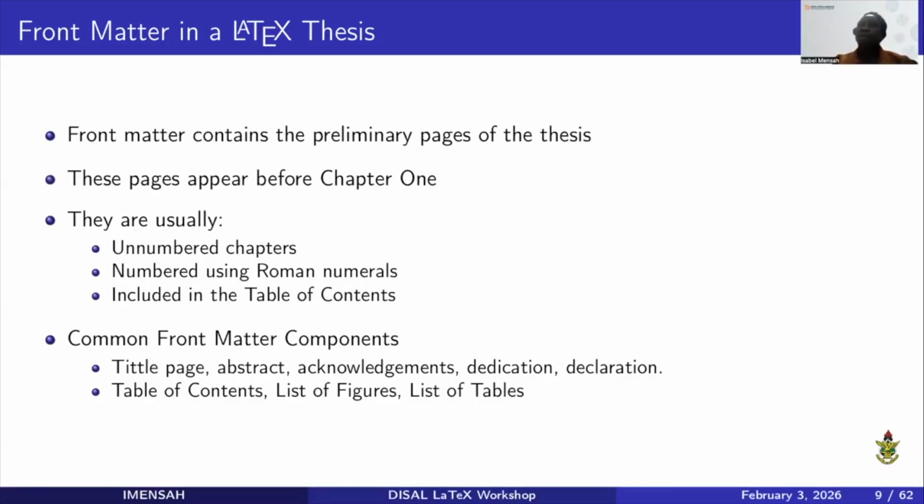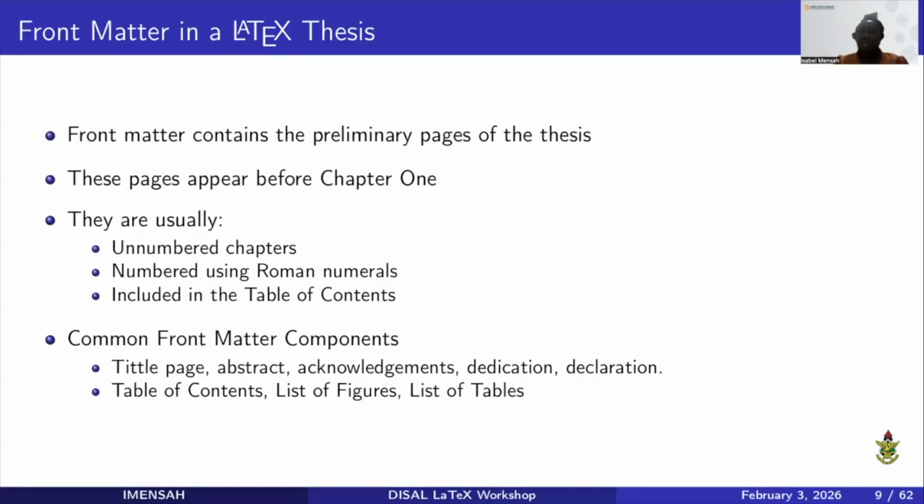Usually, those chapters are unnumbered. For example, the way you saw Albert display 0.1 introduction, in the front matter, they are not numbered. So you will not see 0.1 abstract, 0.2 list of abbreviations. Usually you wouldn't see that. So those chapters are unnumbered.